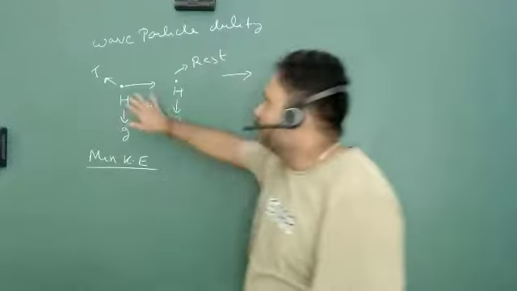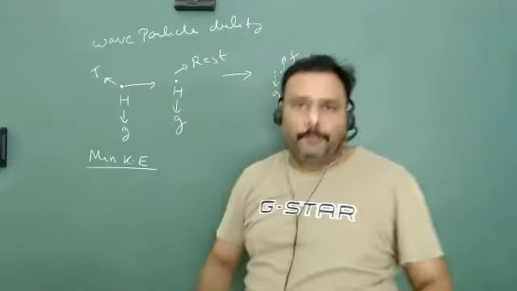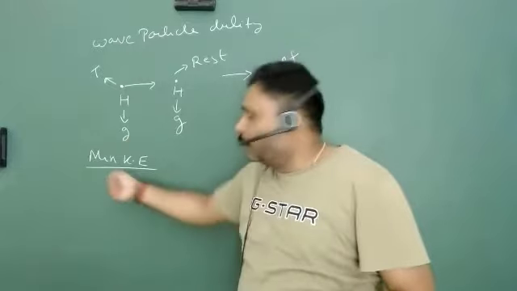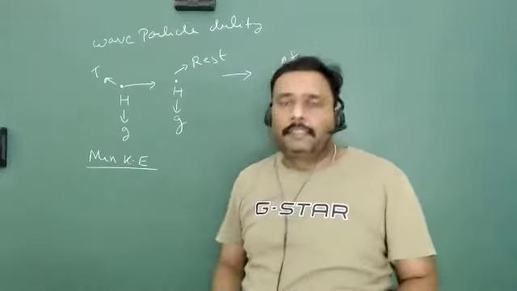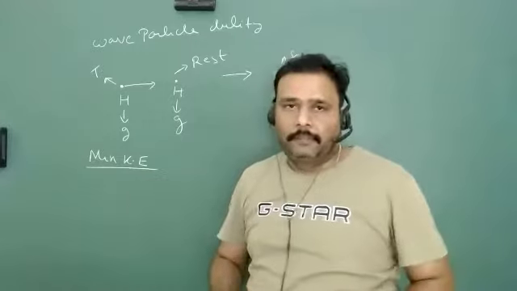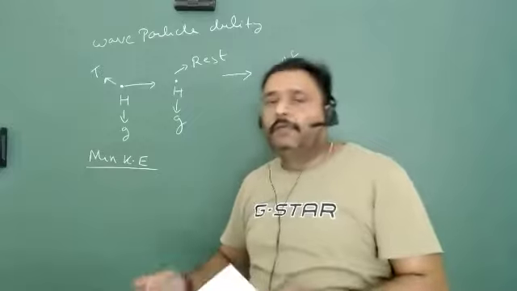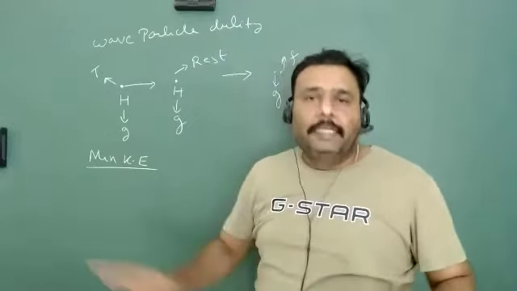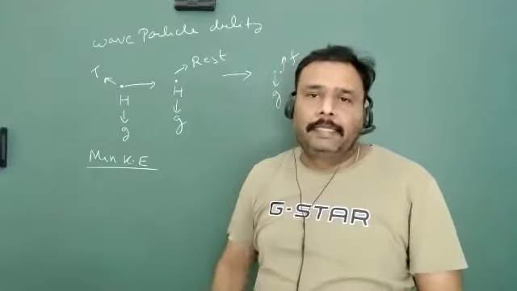Just after the collision, there can be n number of possibilities, depending on what the kinetic energy is. The two can move in opposite directions, or in the same direction, with the same or different momentum. All these situations can happen. But what is the minimum kinetic energy?